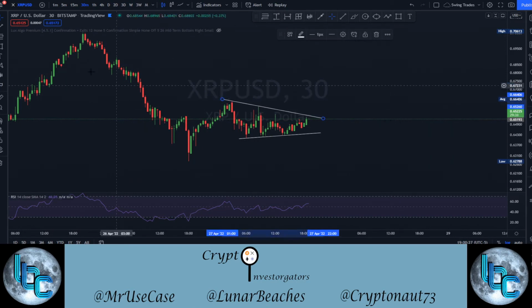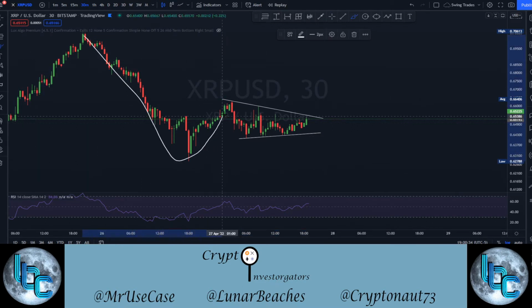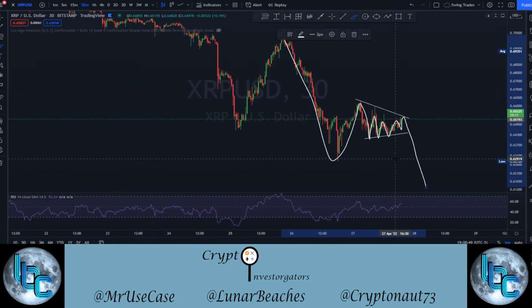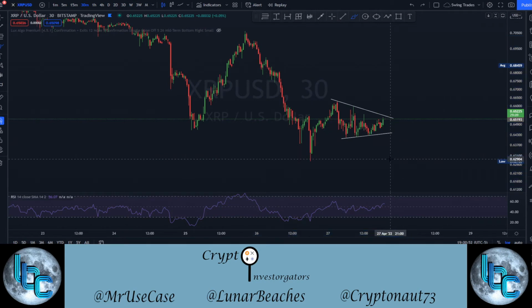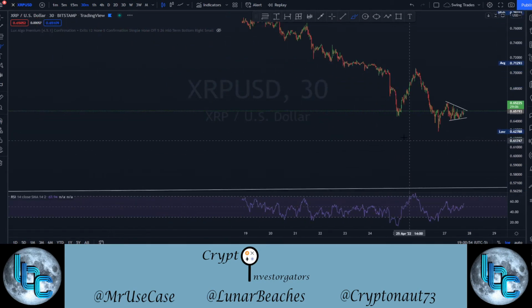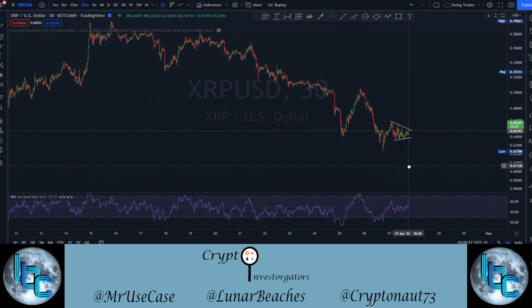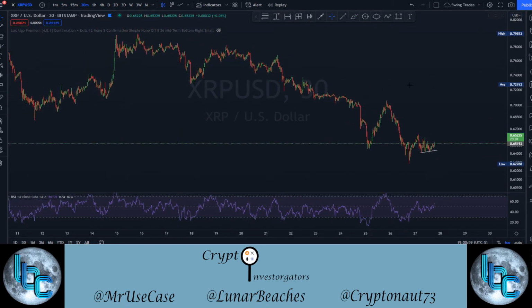So I can see that, where's my drawing tool? We had a crash, and then we came up, and now we're bouncing around in this pattern here. If we bounce here and then come back down, we will crash, which I expect right now, because it's just screaming we need a capitulation in here.